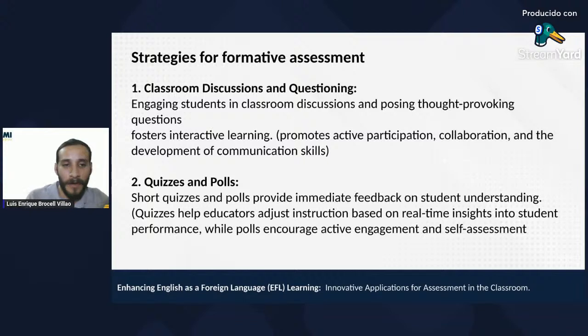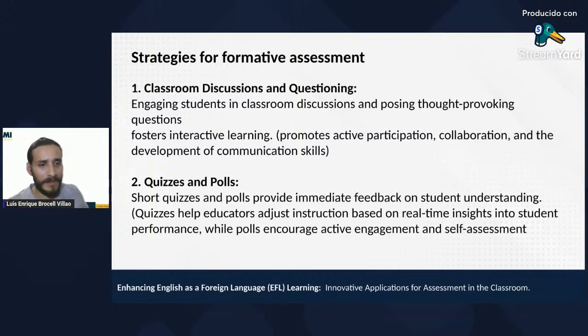These seek the communication skill. If you are using communicative language learning as your methodology or approach, this is perfect for your assessment. You give them a question and let them speak, let them talk, let them make mistakes, let them go wrong. So you can watch, you can assess what they are doing there.